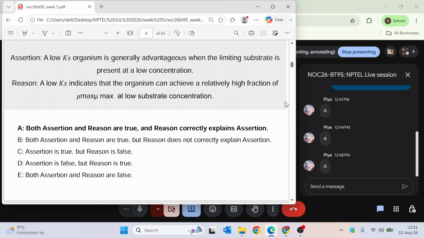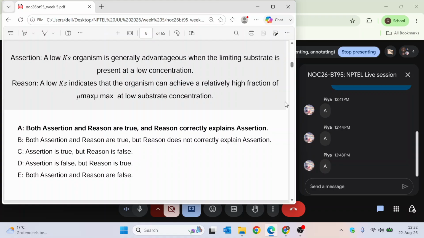In Monod kinetics, mu is equal to mu max S by Ks plus S. Here what is given is low Ks, which is Ks very less than S. If we substitute this condition in our equation, the denominator is approximately equal to the substrate, and the S by Ks plus S term approaches 1, which means that mu is approximately equal to mu max.